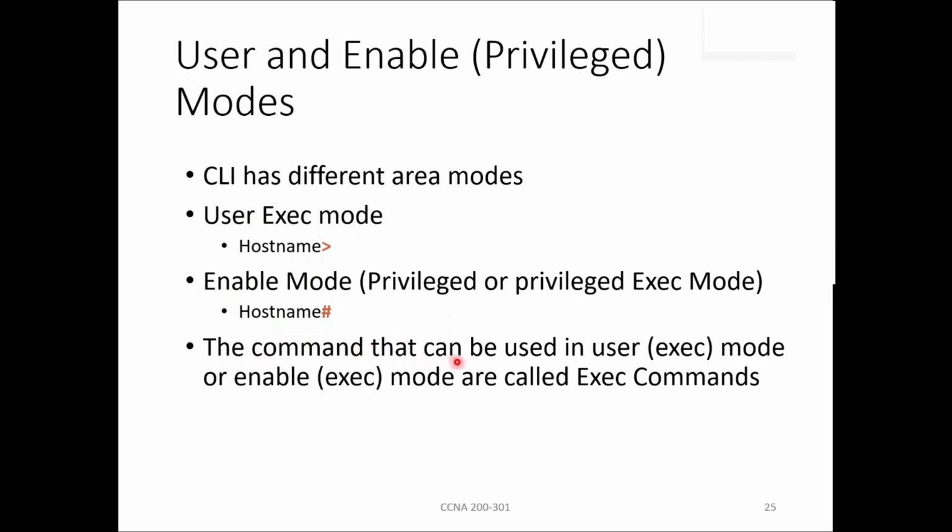In user mode you can't do much, but when you go to enable mode, you can apply many different kinds of show commands. After that, you can go to configuration mode from enable mode.